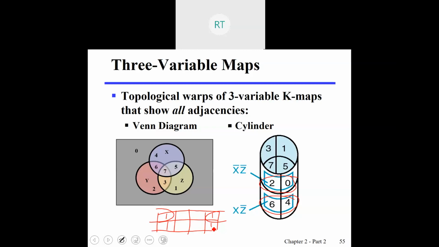Which squares do you take? If you have 4, you take these 2 with these 2. So now I have 4 adjacent, and you take them as 1 minterm. So the edges are now considered to be adjacent.